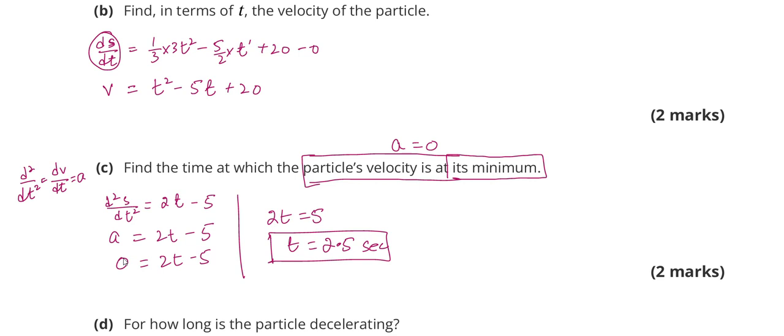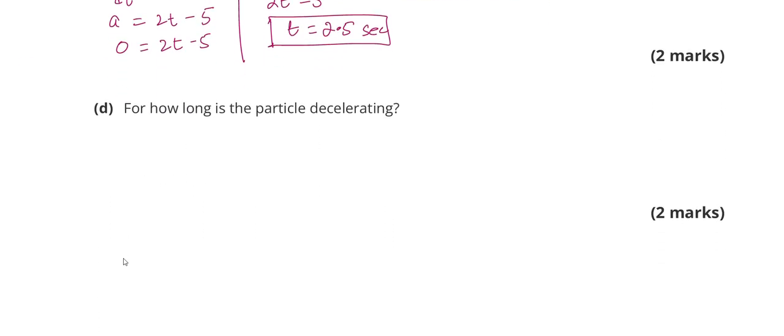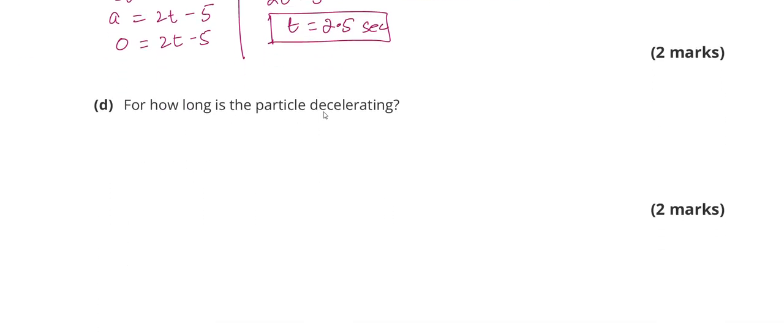Then it says for how long is the particle decelerating? When the particle is decelerating, it means that acceleration should be less than 0, right? We have the expression for acceleration over here.